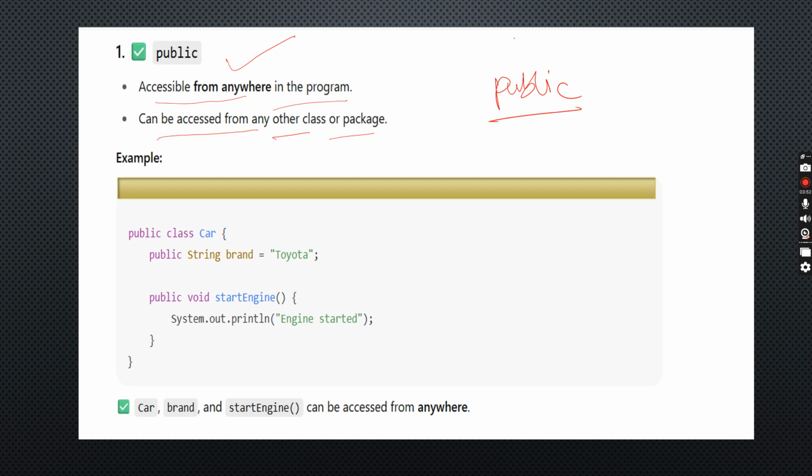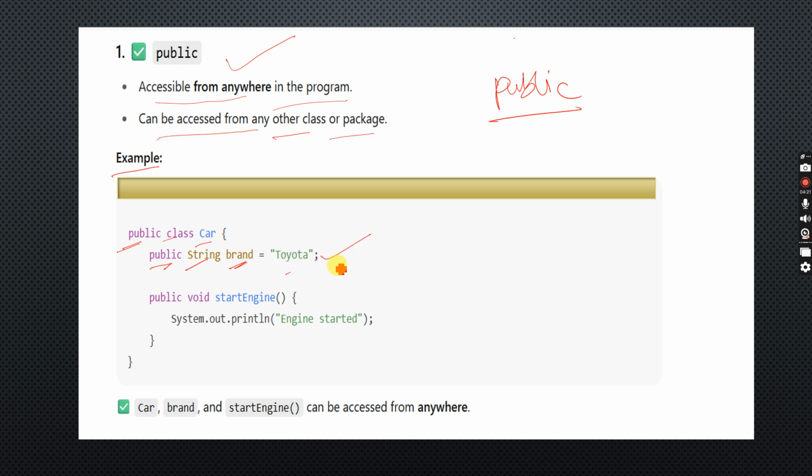Let's see an example of public. We declare a public class Car. We use the public keyword, public class, and Car is our class name. Next we declare a public String variable named brand, equal to Toyota.